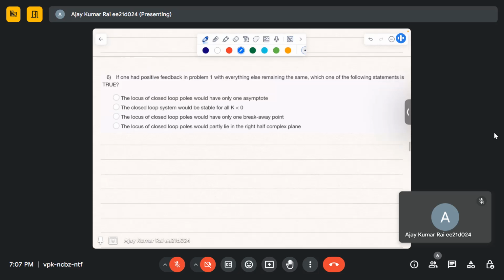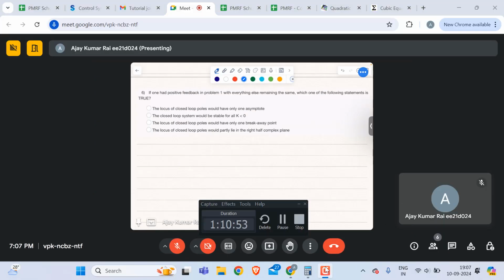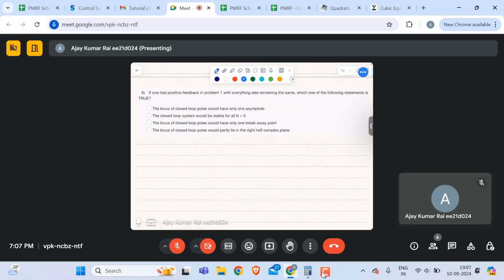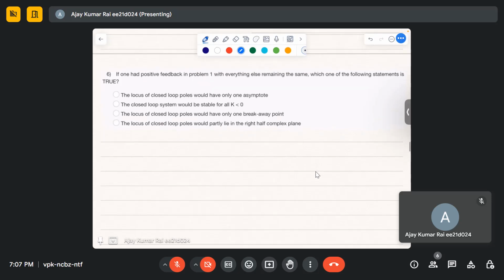So the sixth question is: if one has positive feedback in problem 1 with everything else remaining the same, which one of the following statements is true? So we have positive feedback.